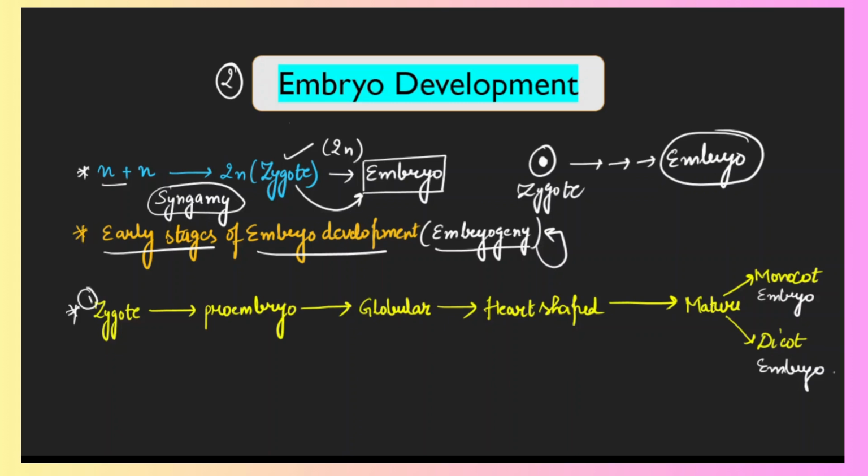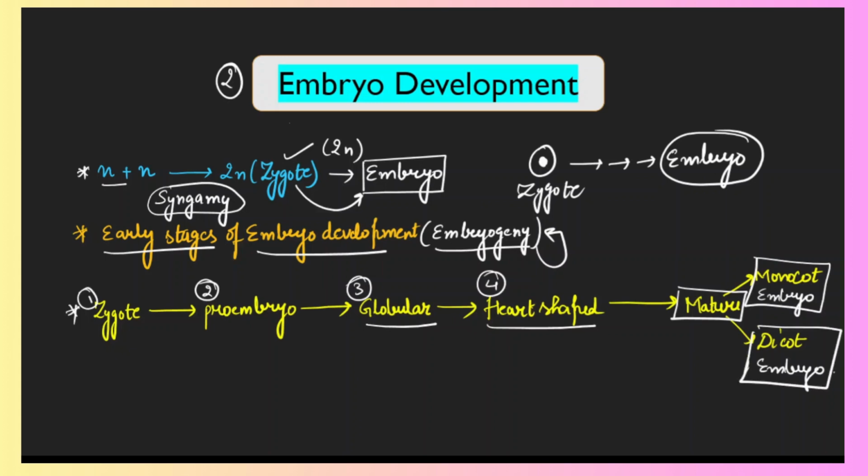First is the zygote. The zygote will develop into the proembryo. Proembryo will further develop, multiple changes occur, and form the globular stage. The globular stage is converted into the heart-shaped stage, and the heart-shaped stage will mature into two kinds of embryo: first the monocot embryo, second the dicot embryo.